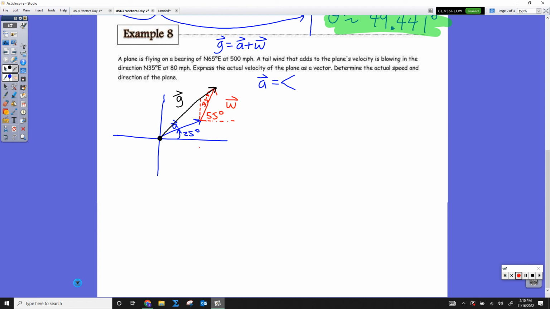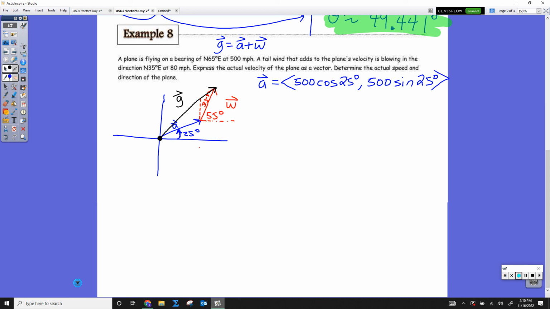Well, remember our directional angle is from the positive x-axis. So that's what we indicated, that 25 earlier. So we're going to say 500 cosine of our directional angle, which is 25 degrees, and then 500 sine of our directional angle, 25 degrees.